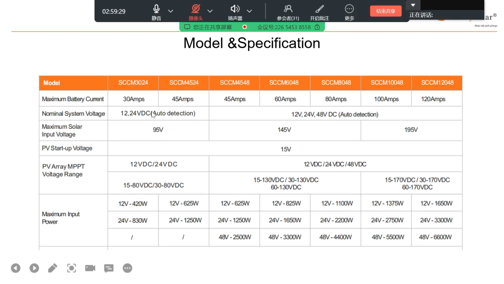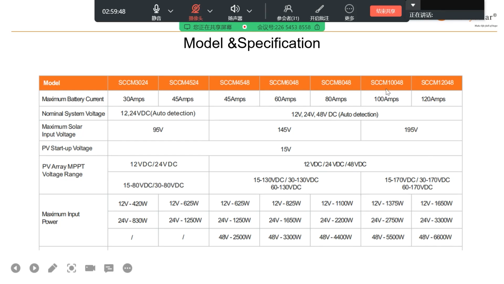These are the models we have now, from 30 amps to 120 amps: 30 amps, 45, 60, 80, 100, 120. 120 is the maximum charging current of the MPPT now.